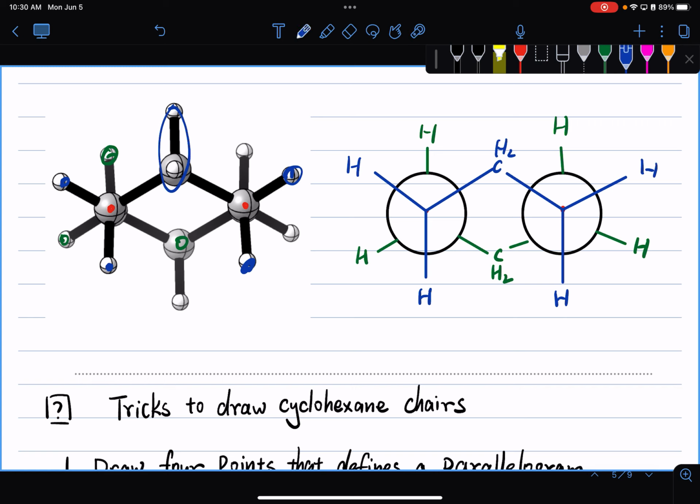Now, if we look at the torsional strain here, all structures are staggered. So no torsional strain.